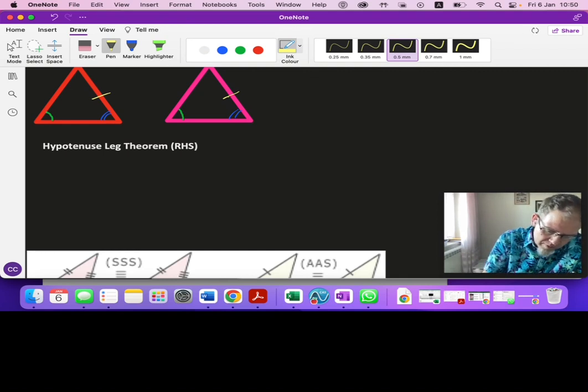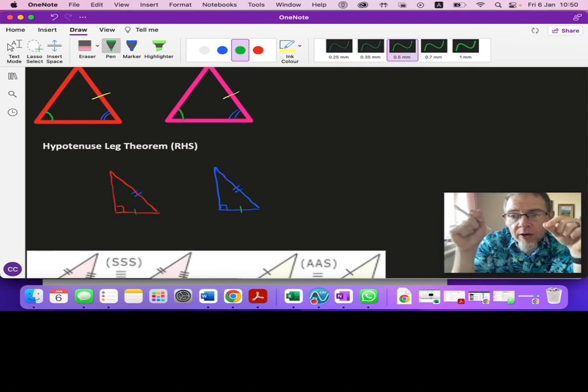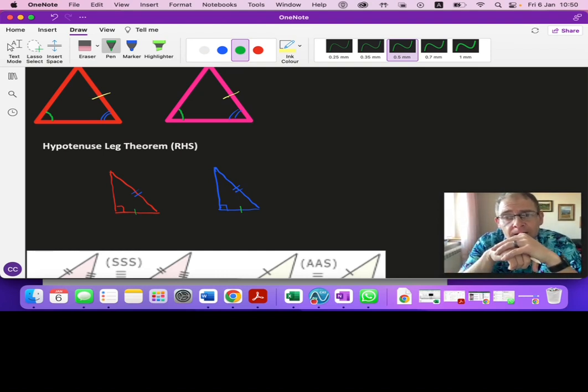But what this represents is this idea: if I have two right triangles, and the right triangles have their hypotenuse the same, and one other side is the same, then those two triangles have to be the same.